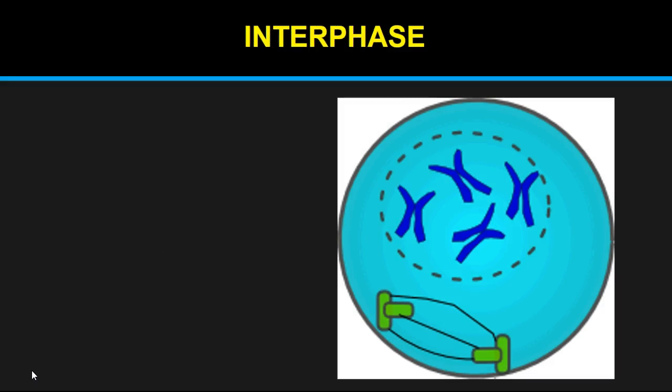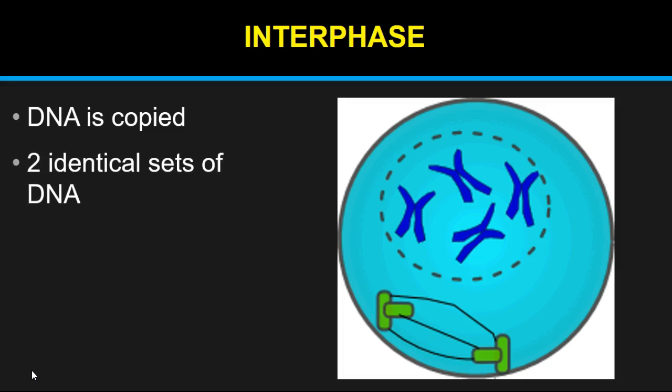Now, just like mitosis, the cell is going to start in interphase. And during interphase, you're going to see the DNA being copied and centrioles forming. And when the DNA is copied, this cell right now has two identical sets of DNA.